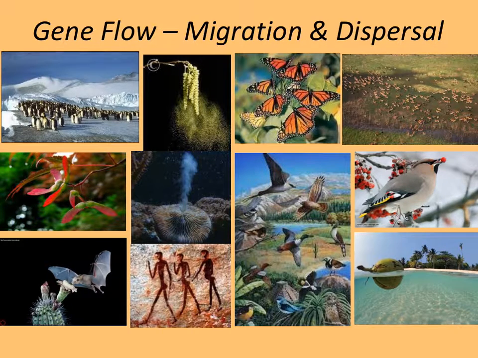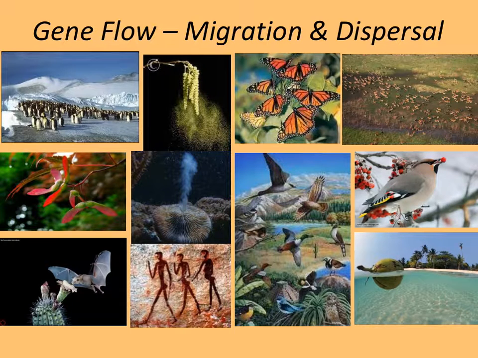It can be adults, diploid individuals, moving from one population, bringing in different alleles that the next population doesn't have, moving over like a flock of birds or something, interbreeding, and that introduces new genes into that population. And it can also go the other way, of course, with individuals from the second population migrating in the other direction.